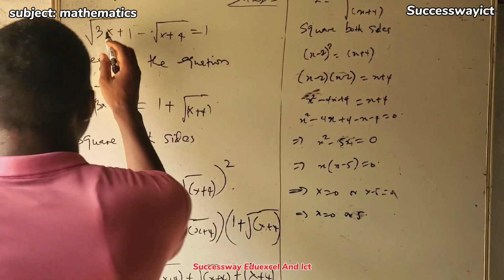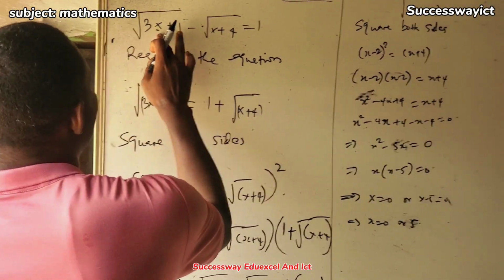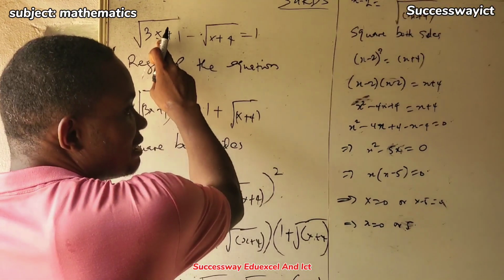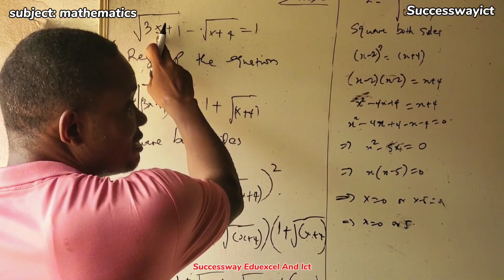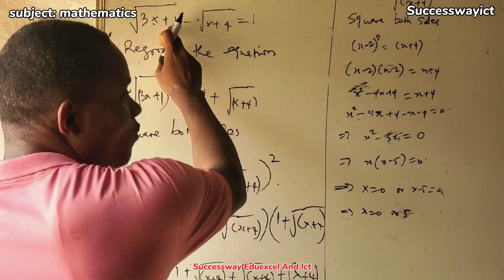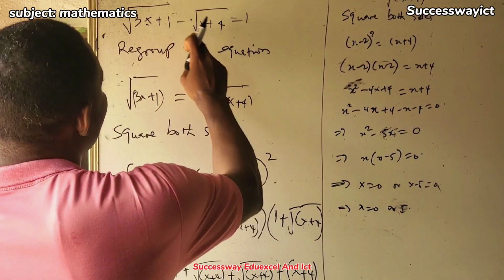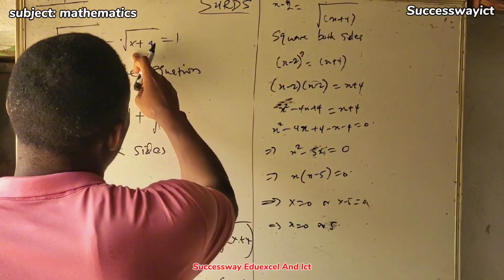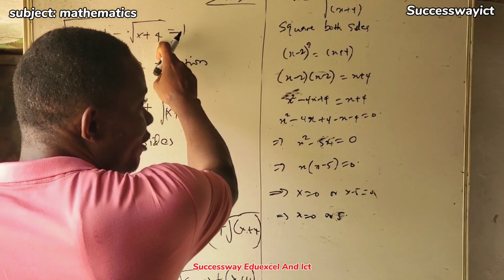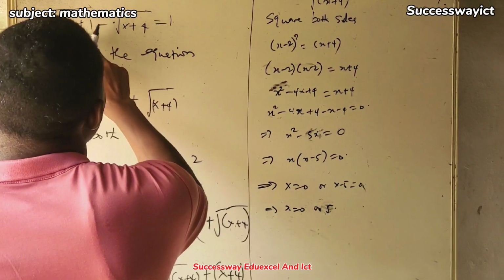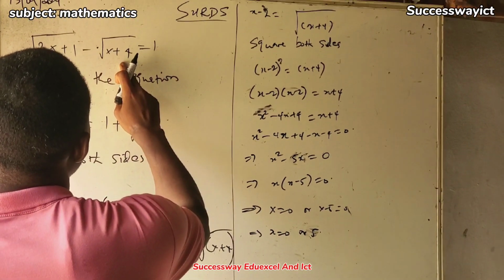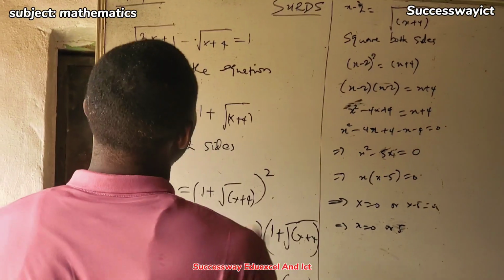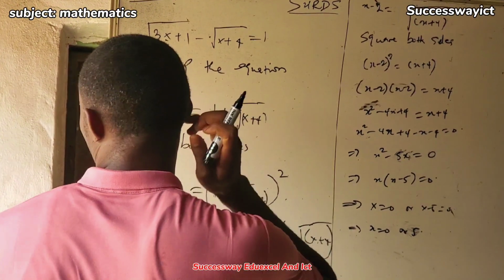For instance, if I put 0 here, 3 times 0 is what? 0. So I have 1. Then minus, if I put 0 here, I have 4. Am I correct? So I have square root of 1 minus square root of 4. Evaluate square root of 1 minus square root of 4.